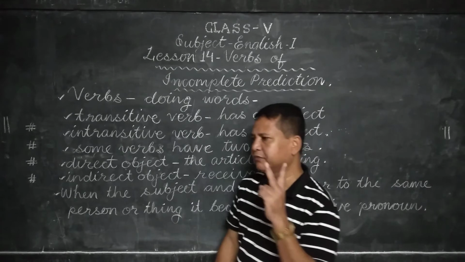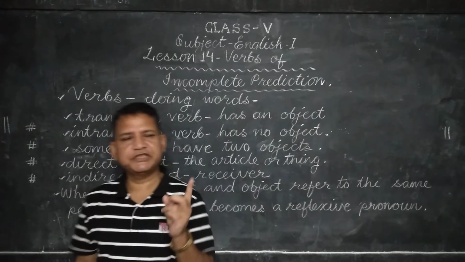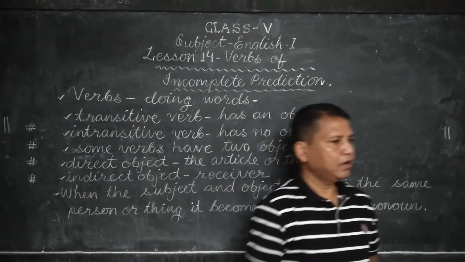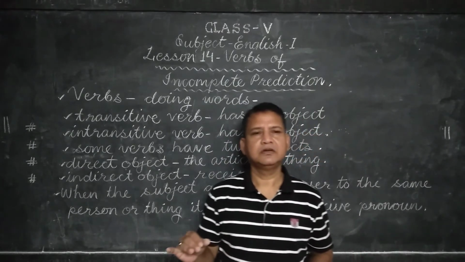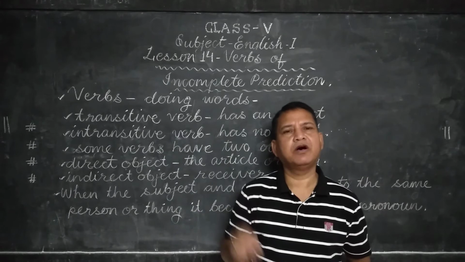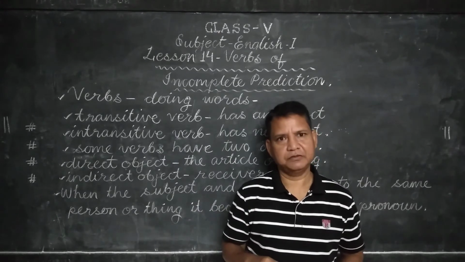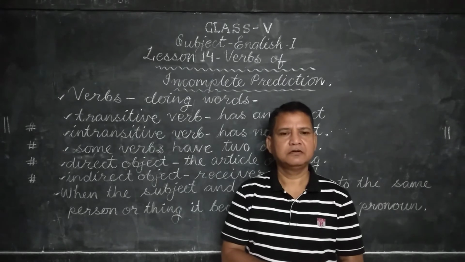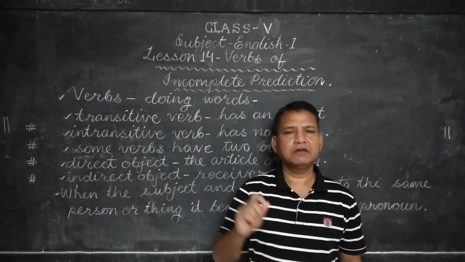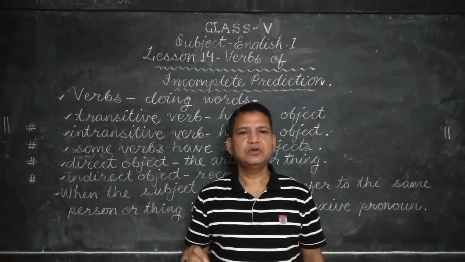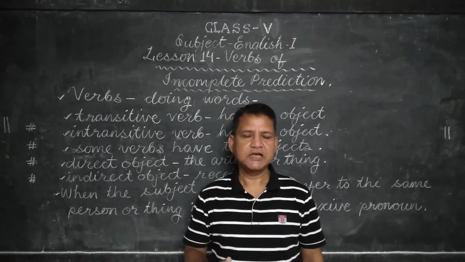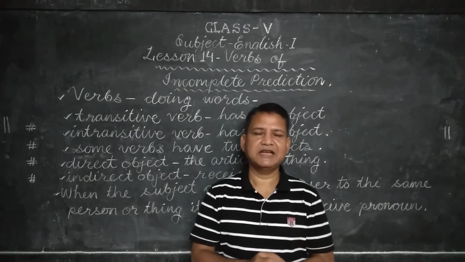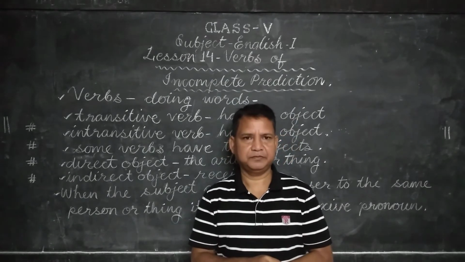Now there are two types of verbs: transitive verb and intransitive verb. A sentence must have a subject and a verb. If the verb needs an object to complete the meaning, and the object is named in the sentence, it is called a transitive verb.